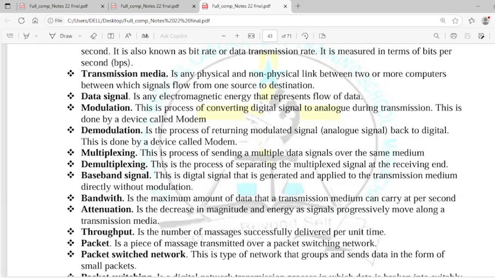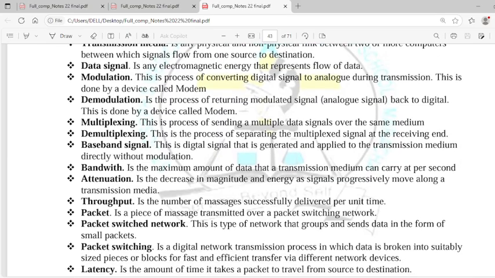Then another term that we can look at is data signal. The data that moves from one computer or between computers moves in the form of a signal. But what is a signal? A signal is simply any electromagnetic energy that represents the flow of the data.